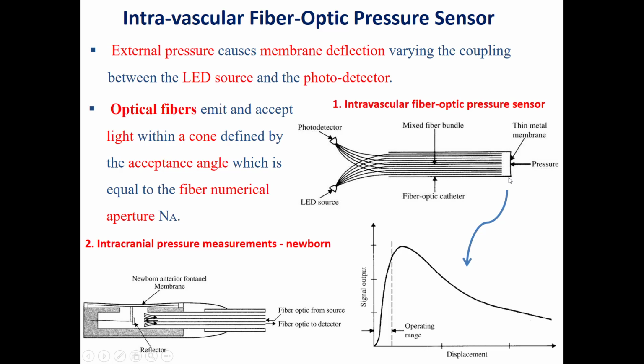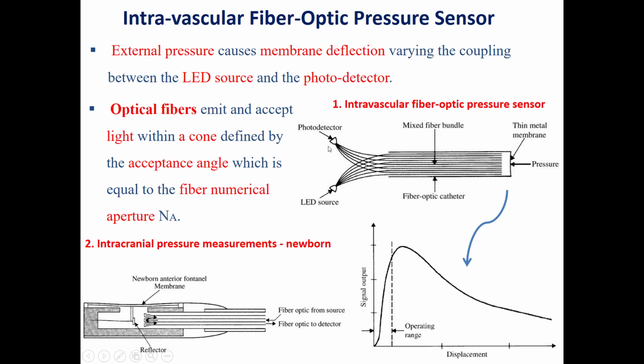The head of the catheter is inserted inside the blood vessel, which means here will be inserted inside the blood. This is a thin metal membrane, which acts like a flexible mirror. We have fiber optics, an LED light source and a photodetector. What will happen? The blood pressure waveform will move this thin metal.